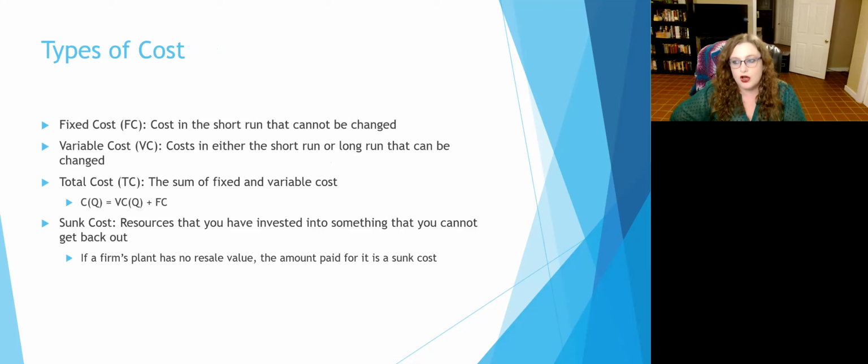When it comes to cost, we have two real types of cost, right? Fixed cost and variable cost. Fixed costs are the things in the short run that we cannot change. A lot of the time our variable cost is the labor input. We can change how many workers we have every day, but the fixed cost in the short run tends to be the capital. Today, I cannot change how many ovens are in my bakery, right?